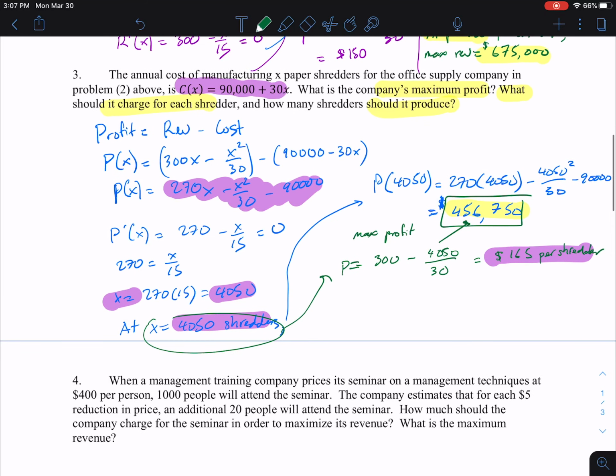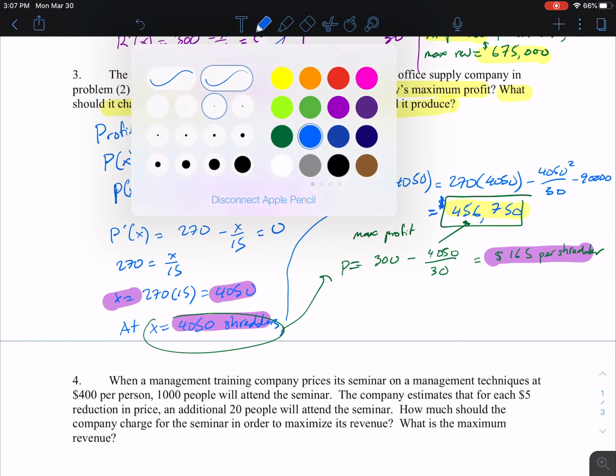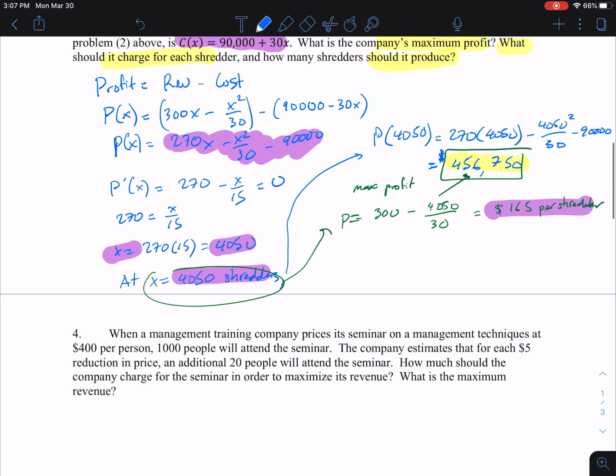So we can write a quick interpretation there.